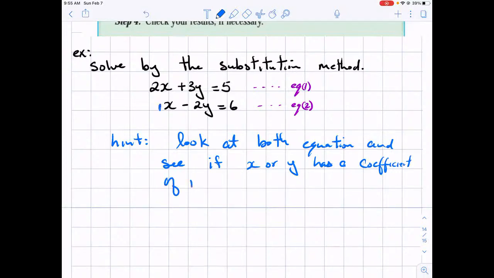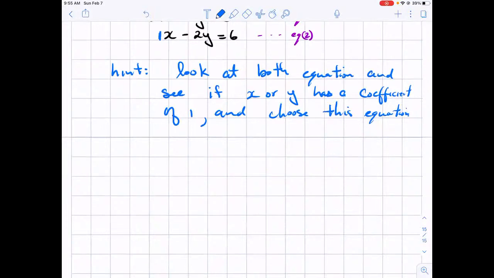So that means, look, here there's a 1 there. And choose this equation. So we're going to take x minus 2y is equal to 6.